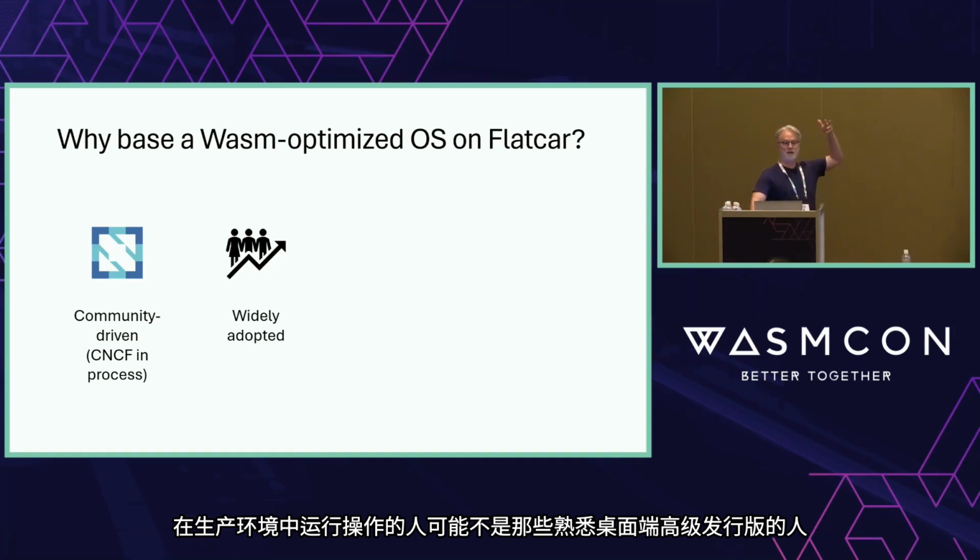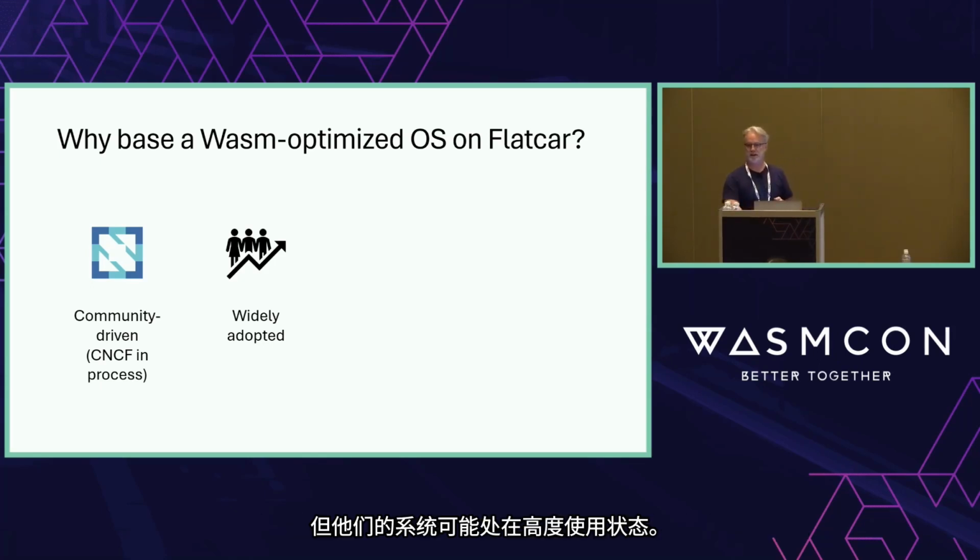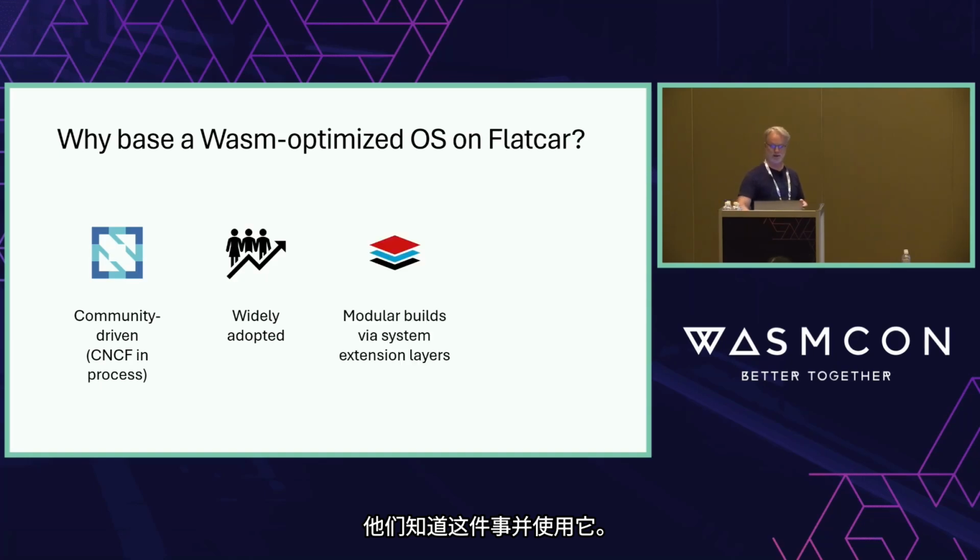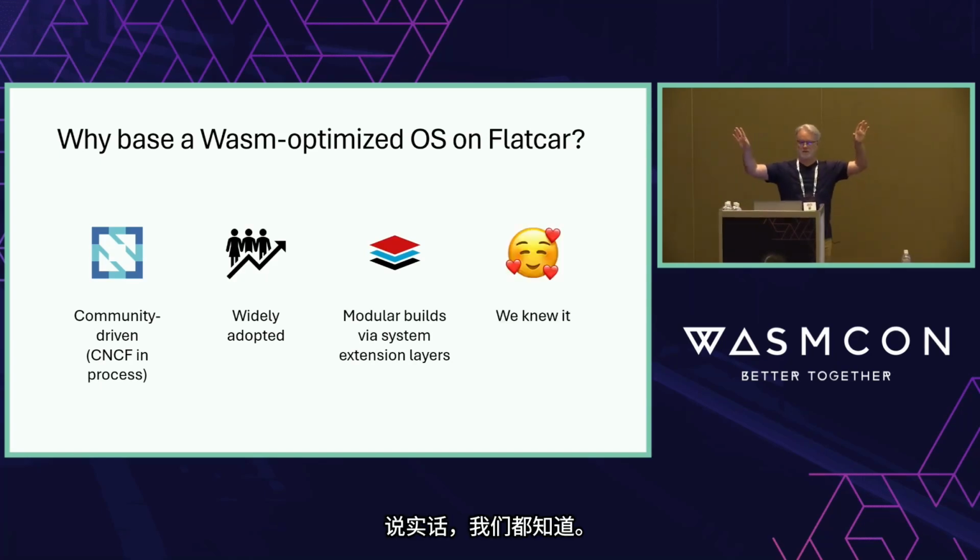It may not be the high-level distros that people are familiar with on the desktops, but the people who run operations in environments that are under heavy use in production, they do know about this and use it. It has a modular build system with system extension layers. We're going to use that today. And let's be real, we know it. So that'll be the last reason.